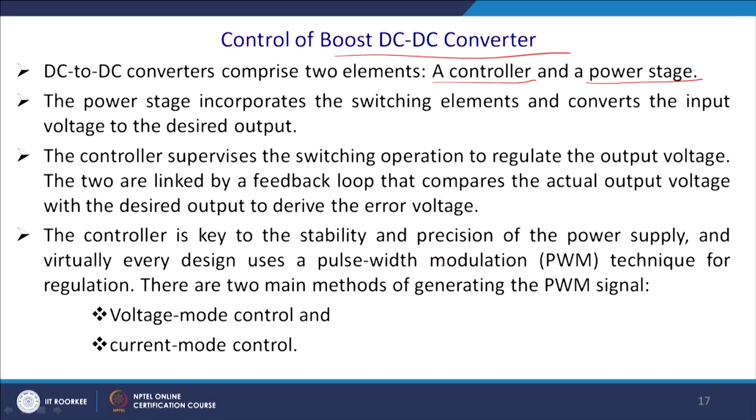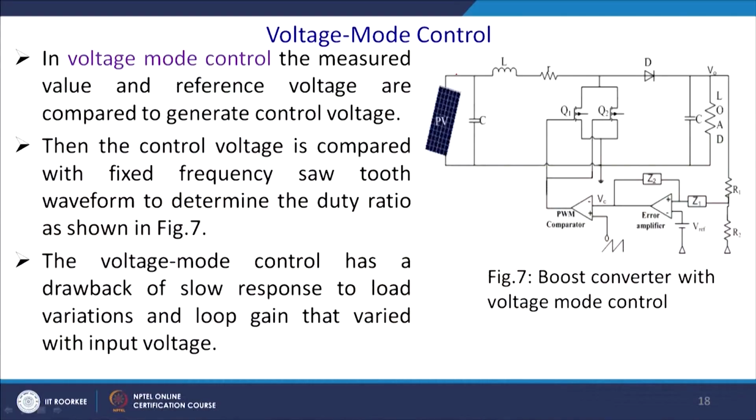There are two main methods of generating the PWM signal. One is voltage control mode, which we shall discuss, another is the current control mode. So, this is the voltage control mode. You have a solar PV panel, we have taken a practical application, where we are required to maintain a regulated voltage to the load.